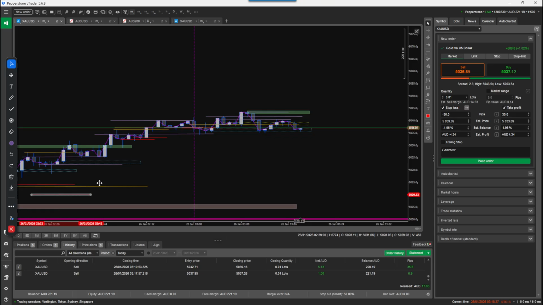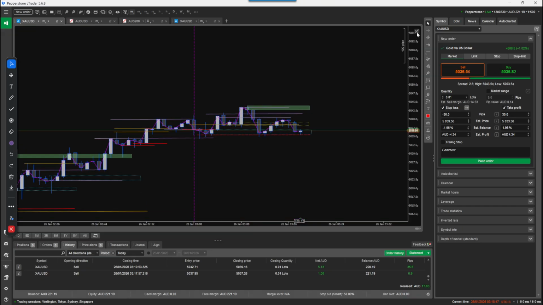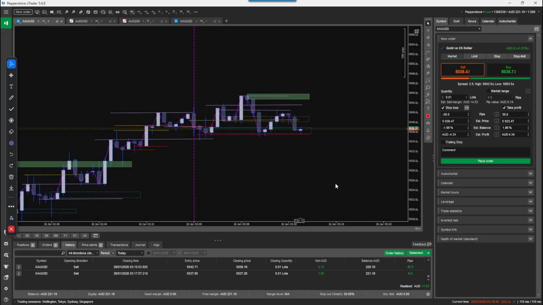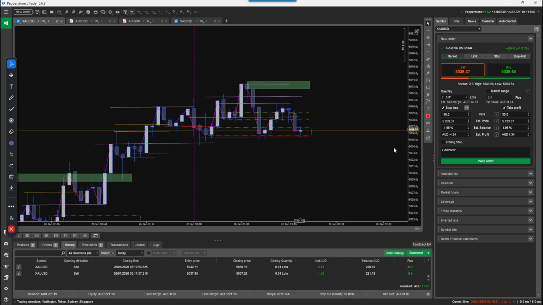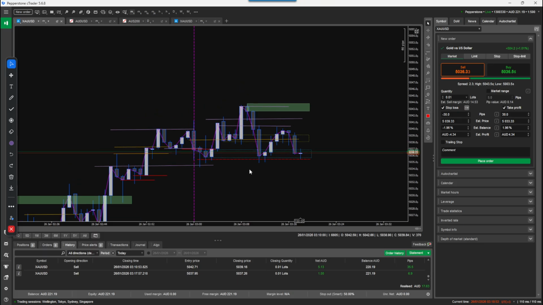That is a stronger break, because now if it comes through, it's breaking multiple areas. So that's why I put the dotted line in there, because it's stronger than not.